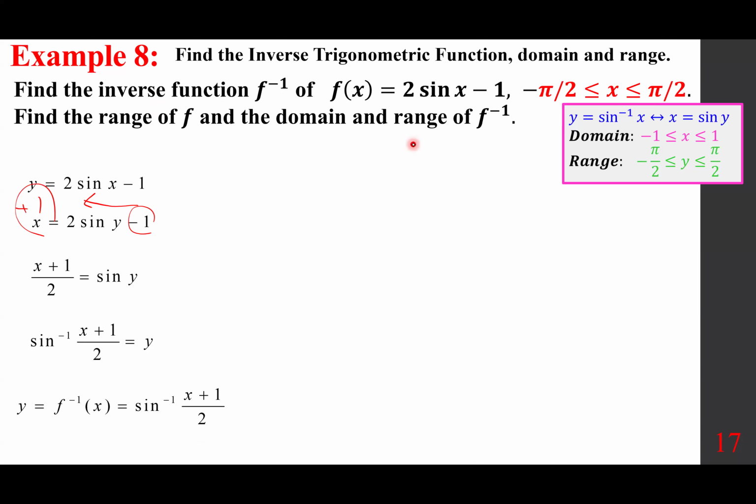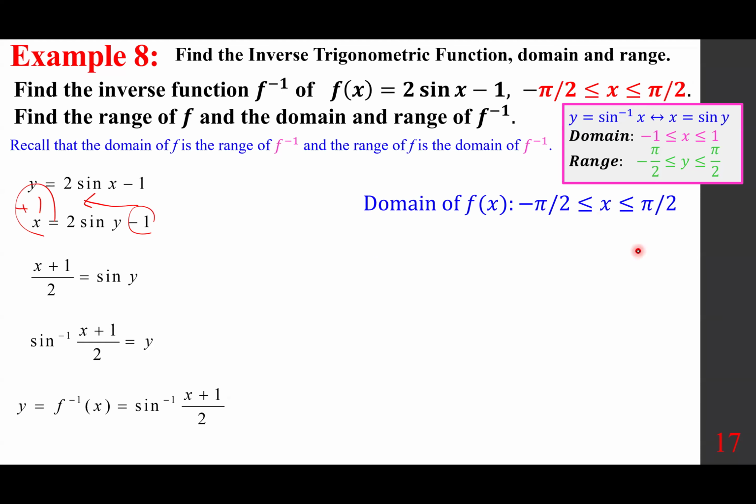Now we want to find the range and the domain. Well, let's go back here. This is the domain of the function f of x, which becomes the range of the function f inverse. So the domain is given as what you see here. Then the range of f inverse, that means y between those two numbers, is the same thing.